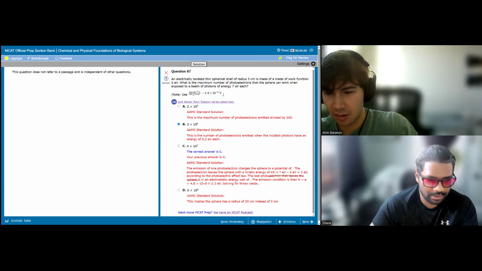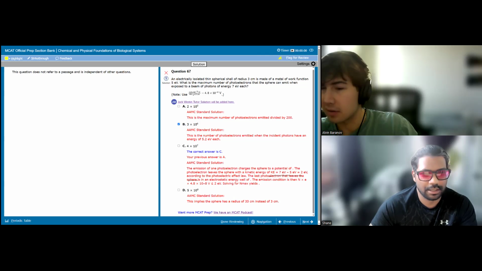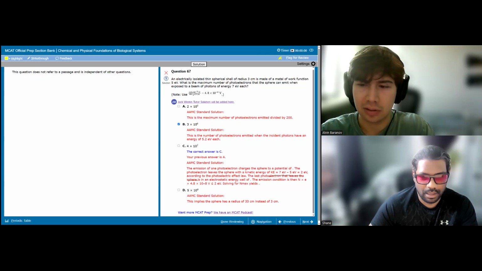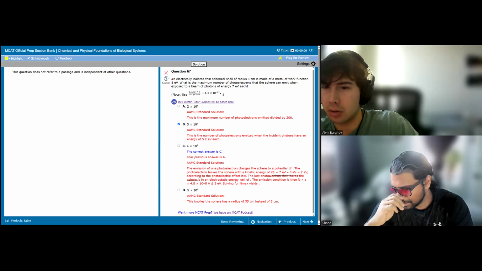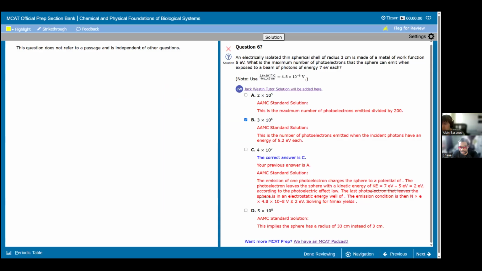Okay, I'm gonna just screenshot this. Like newtons? My guess is that it's gonna be the number of electrons, and then E would be the charge, so something like that. But I screenshotted it, so I will look at it.